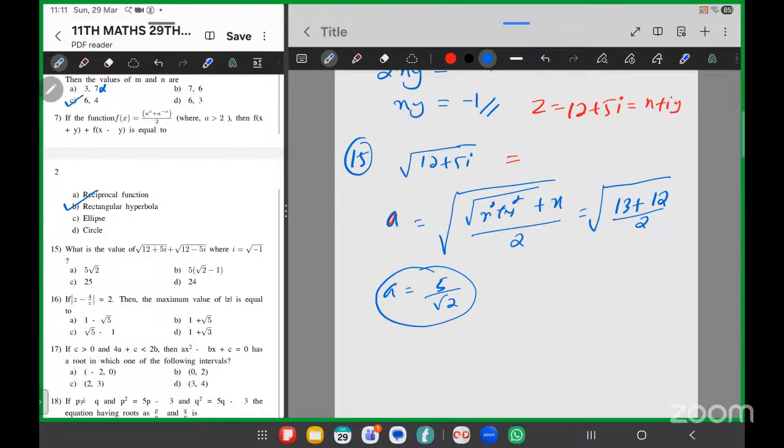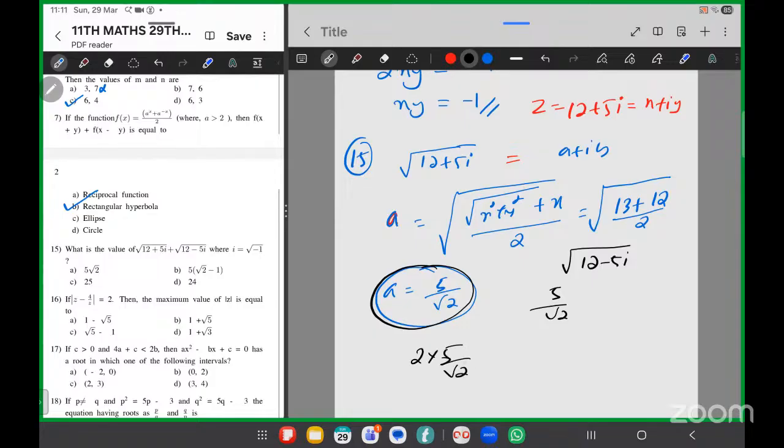But this is a, this is a plus iota b. The difference between these two will be, one का b वैल्यू प्लस आएगा तो दूसरा का b वैल्यू नेगेटिव आएगा. दोनों रूट ऐड किया तो क्या आएगा? वो इमेजिनरी पार्ट कट हो जाएगा, रियल पार्ट ऐड हो जाएगा. सो रियल पार्ट में क्या है? a इक्वल टू 5 by root 2 है. इफ यू कैलकुलेट दी स्क्वायर रूट ऑफ दिस ऑल्सो, यू विल बी गेटिंग a 5 by root 2. इमेजिनरी कट हो जाएगा. सो ये दोनों ऐड किया तो क्या आएगा? 2 times 5 by root 2 आएगा.